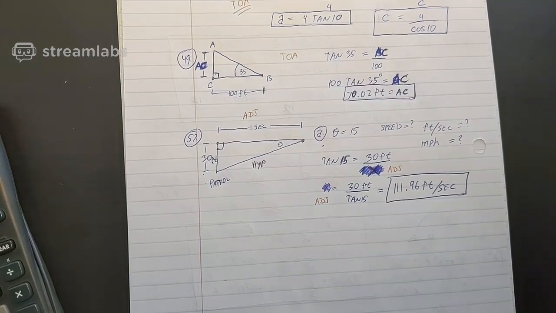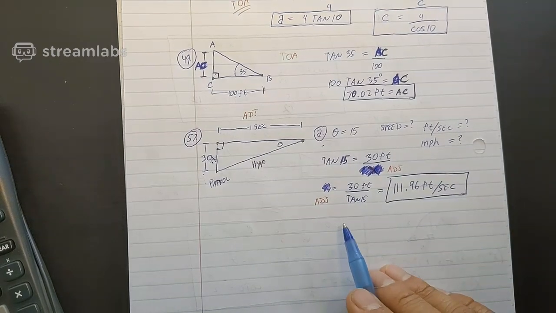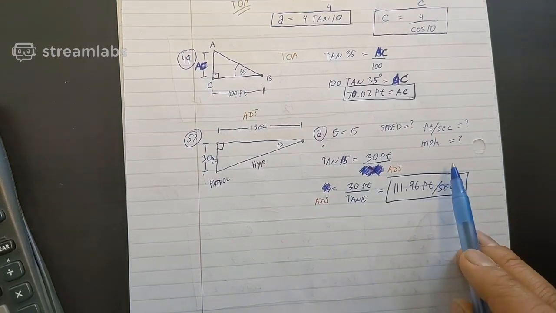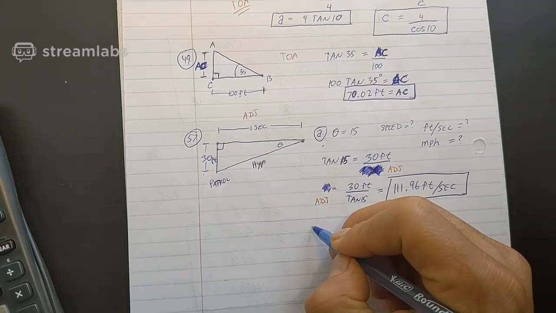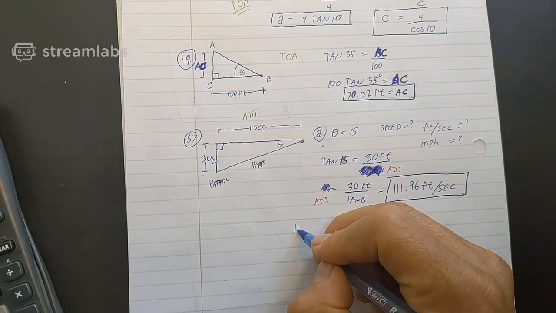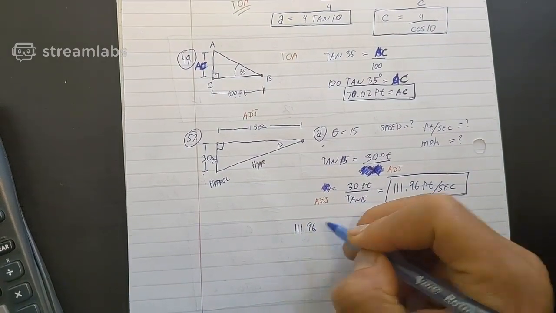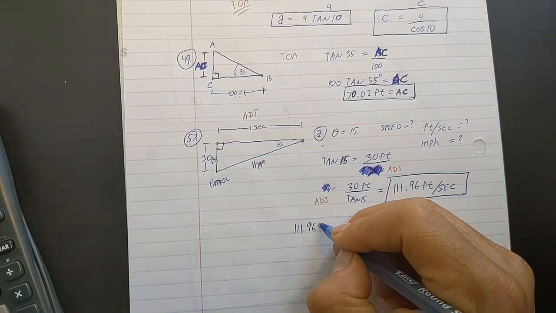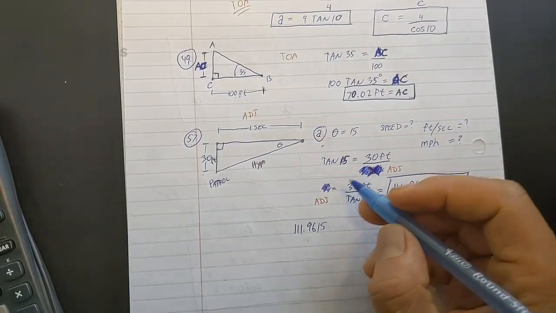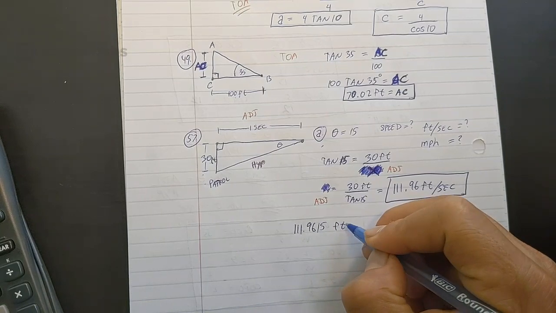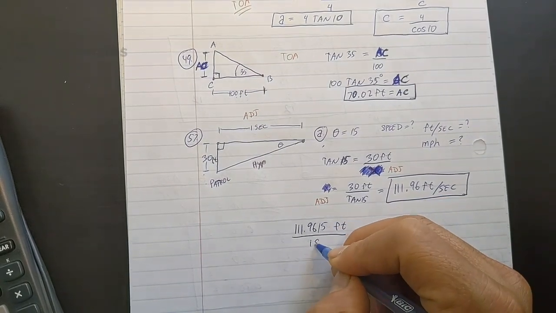Alright, so next we need to convert this into miles per hour, and the way we convert this is 111.9615 feet over 1 second.